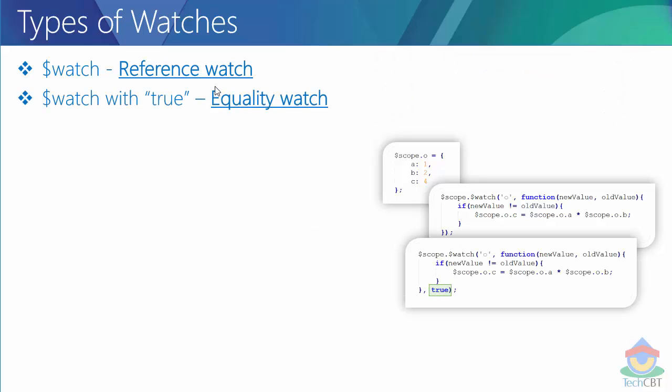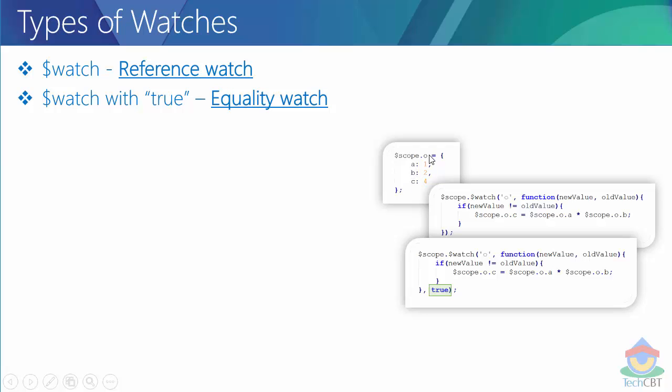Now this is the in-depth watch, which means a deep watch. You are using $watch but with a true value here. You can see this script and the previous script are almost the same, except that you are providing true at the very end. When you provide this, it is called an equality watch rather than a reference watch. Whenever I say equality watch, it goes through each and every member of that particular object O, whether it has been changed or not, to any depth.